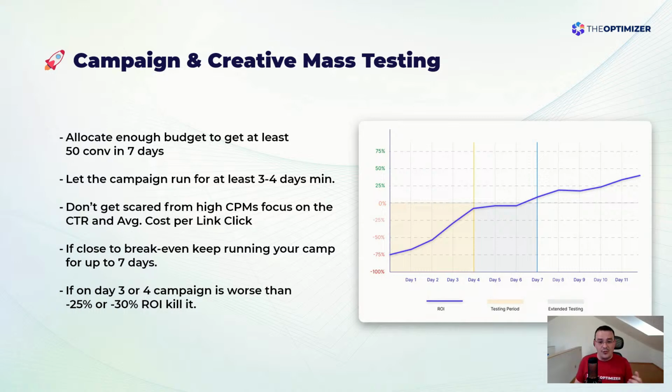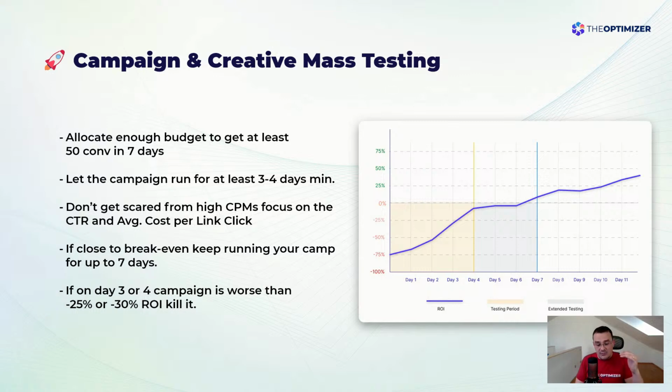Then there are people who often freak out from high CPMs. To me, I try to see it in a different way. Whenever the CPM is high, and I agree that sometimes it is really high, it means that we've landed on a highly competitive audience. Someone else is paying a higher price for that person to convert.